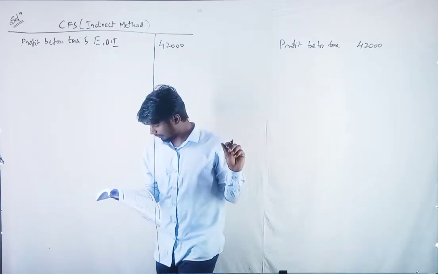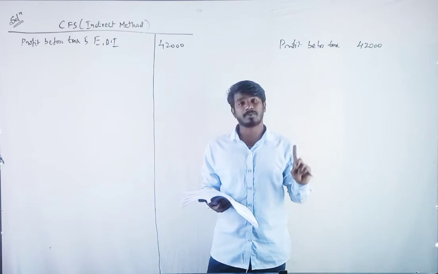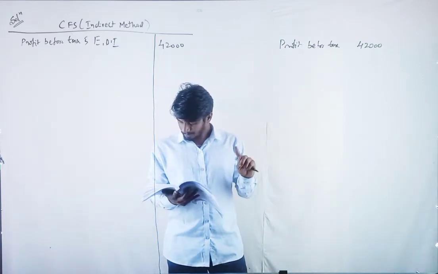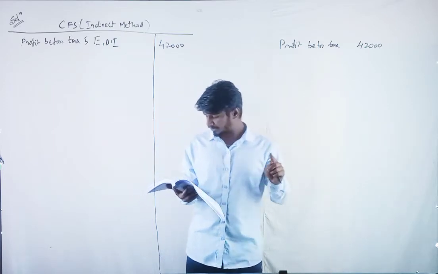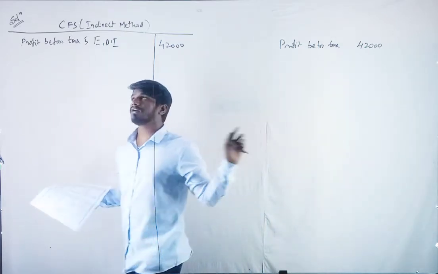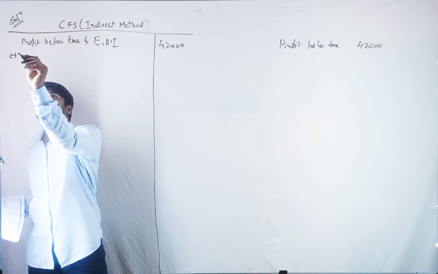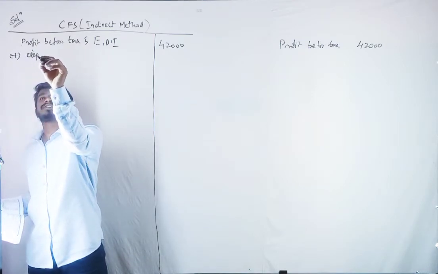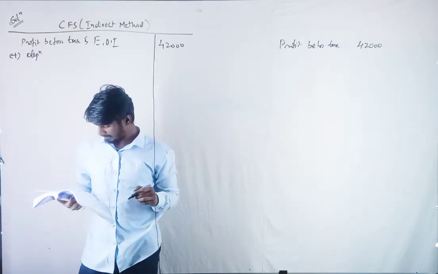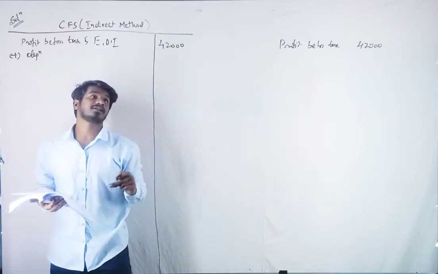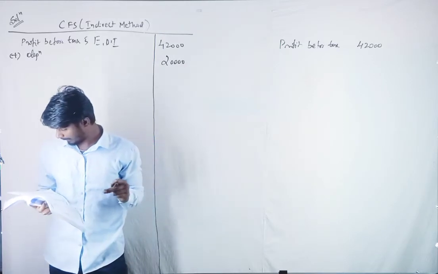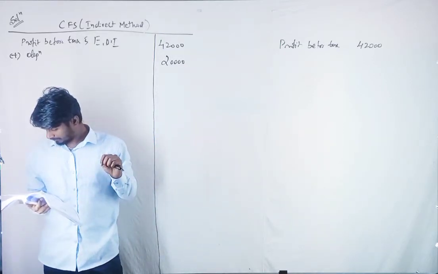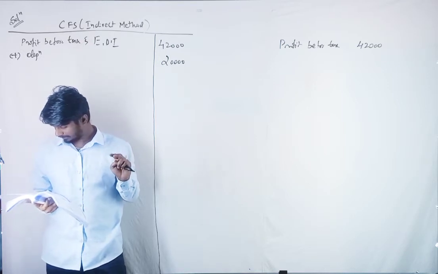Depreciation, cost of material consumed, is that operating? Yes. Employee benefit expenses, is that operating? Yes. Depreciation is not operating or cash. We will add it. Depreciation, we will add that. How much it is? 20,000. Fine. Then other expenses, insurance premium. Okay, tax, nothing else.